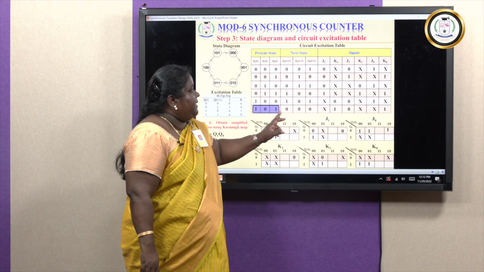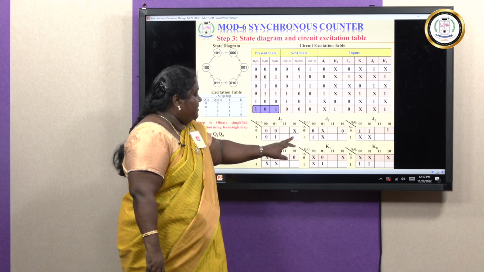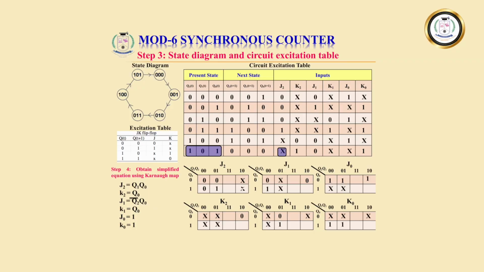For this, the various input combinations are here. So there is 1 0 1. This is the position in the K map. So 1 will come here, and then here 0 will come, and here don't care will come, and this don't care will come here, and then this 1 will come here.